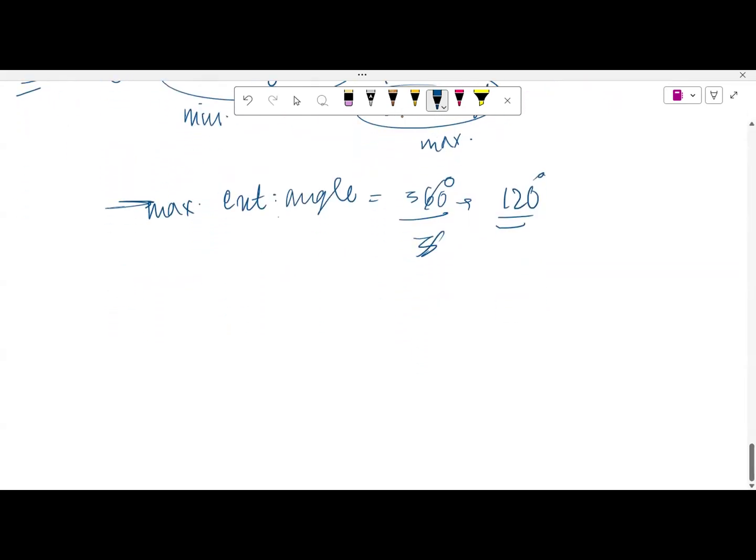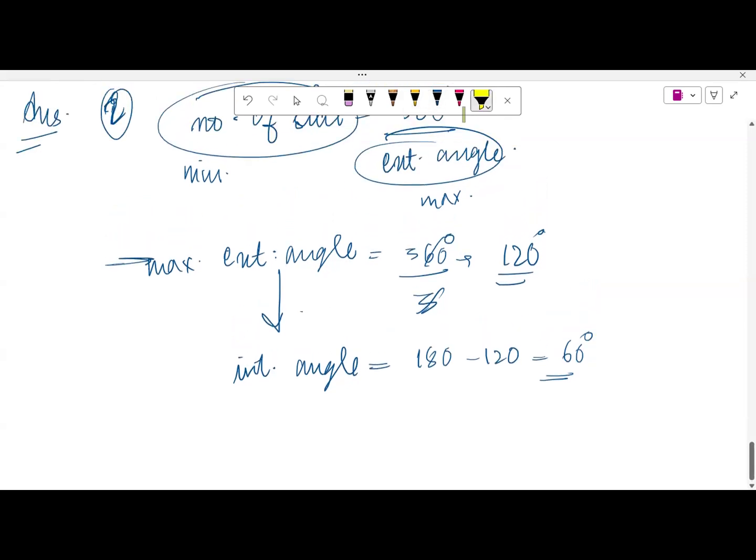With the help of the exterior angle, can you find the interior angle? It will be 180 minus 120, which equals 60 degrees. So if the maximum exterior angle is 120 degrees, the minimum interior angle is 60 degrees.